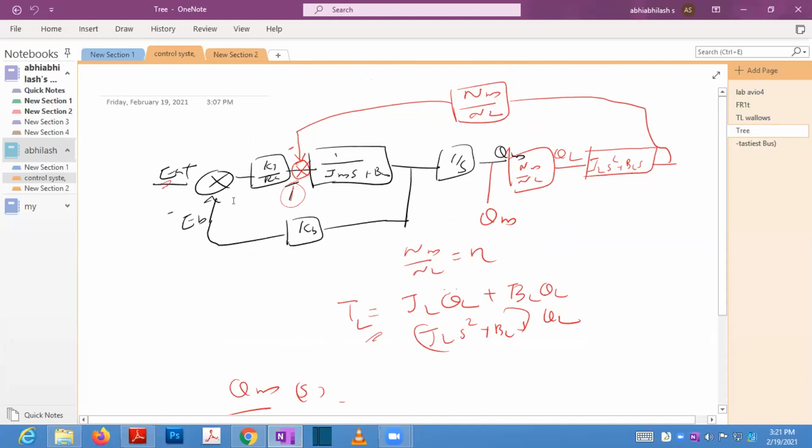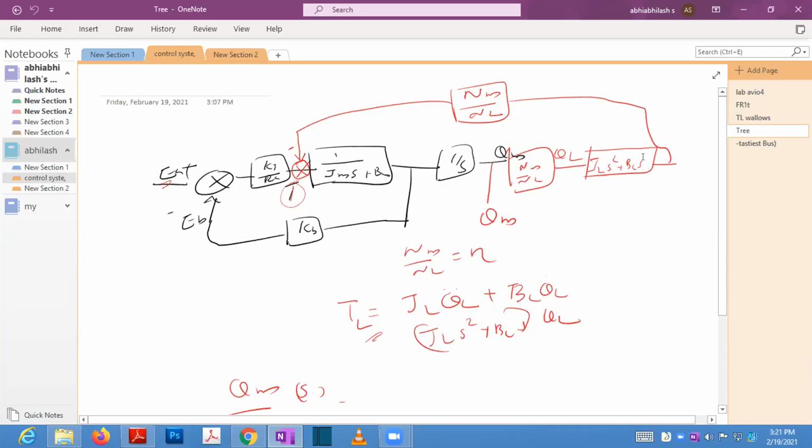That speed is reducing, so EA minus EB, this quantity, will reduce. And this is reducing, it will demand more, since this term KT by RA is there now. KT by RA is producing the current. So the voltage difference will be high. EA is constant, we are supplying that voltage.